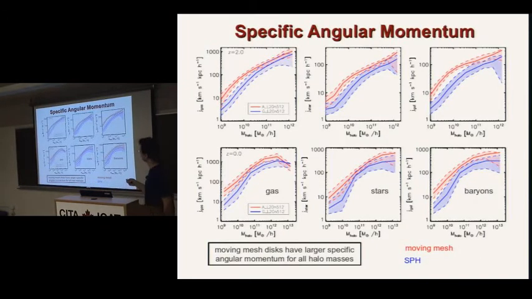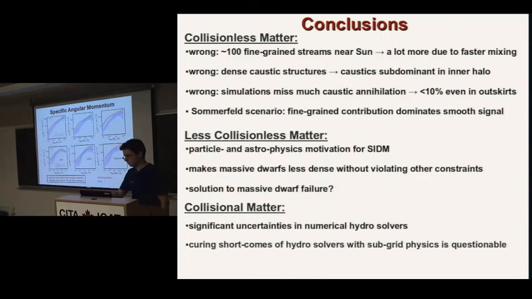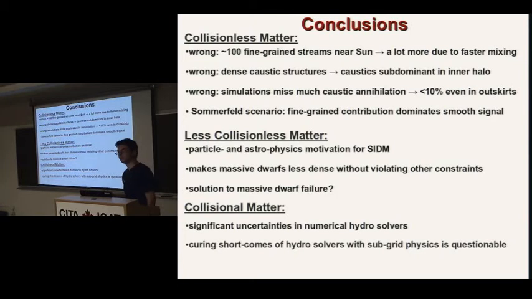Now you can also look at the specific angular momentum, again in red and blue, and you can see these are different components: gas, stars, and total. And you always get this effect that the angular momentum is just larger, which makes sense because of the larger disks.